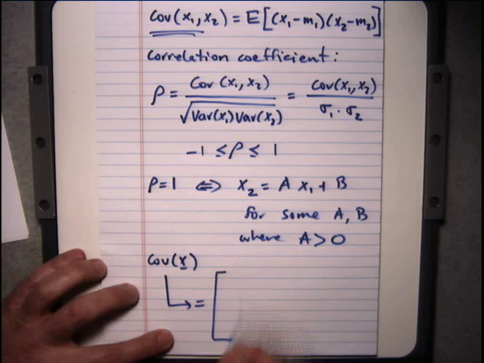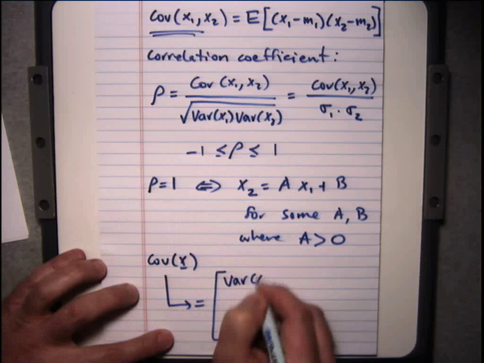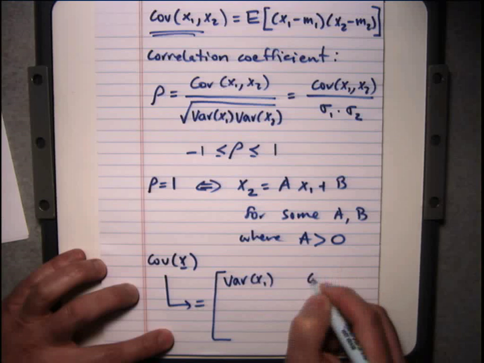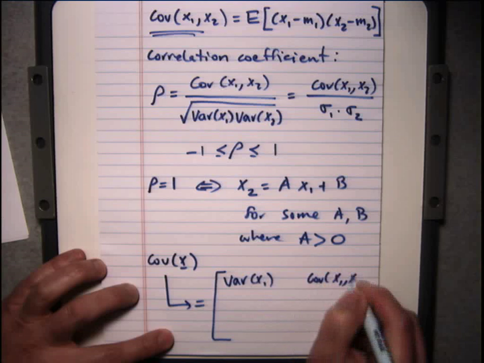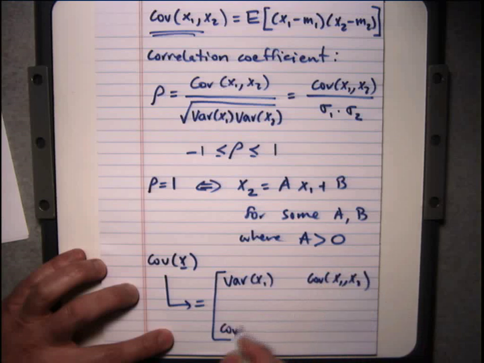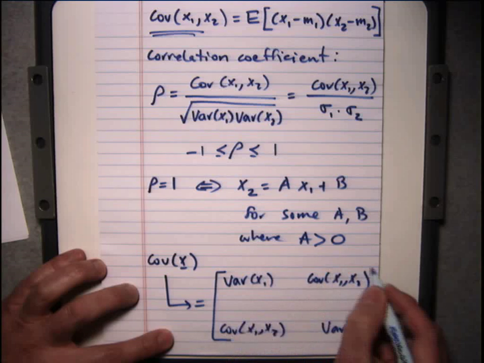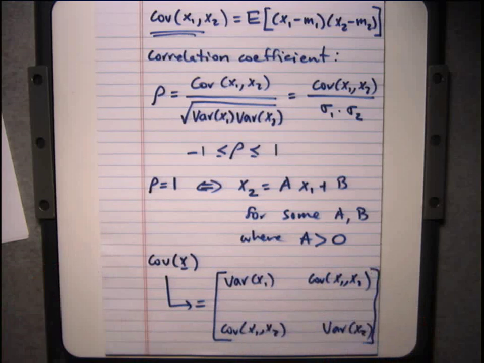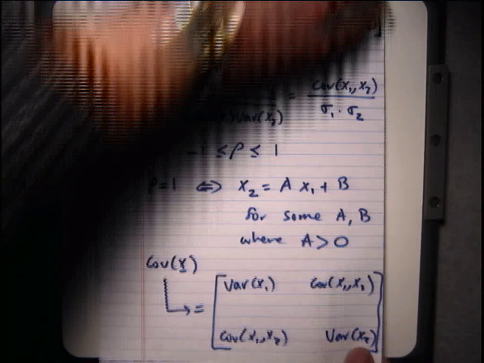It's the variance of x1, covariance of x1 and x2, covariance of x1 and x2, and the variance of x2. Now how does this work? Let me rewrite it in a slightly different way.